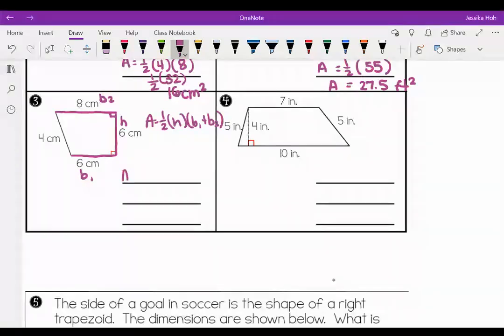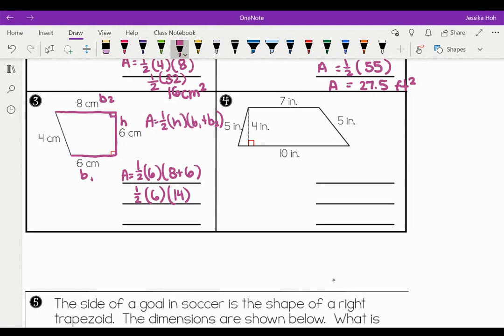So area equals 1/2 of height, which is 6, times 8 plus 6. So this gives me 14 inside the parentheses. If you want to, remember in multiplication, you can multiply in any order.